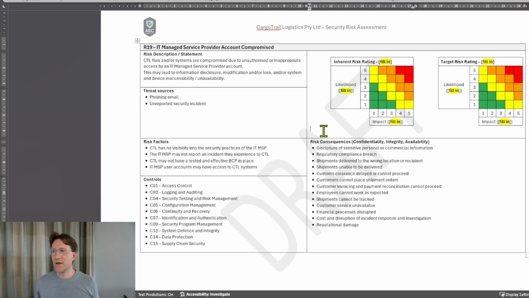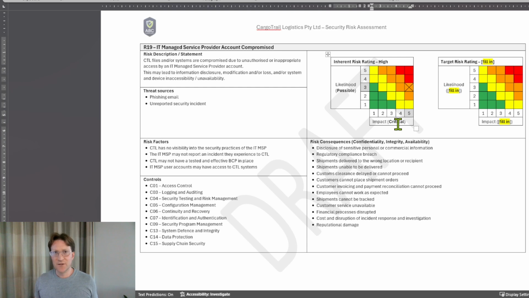For risk 19, the IT managed service provider account being compromised. Similar to other suppliers, I'm saying we simply don't really know what the situation is. They may have security in place, they may not, it may be decent, it may not be. So we're just going for the middle ground of possible for the likelihood.